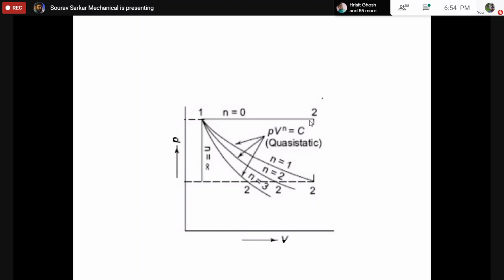It is just like curve fitting. You have some intermediate points and you are trying to fit the curve. Whenever you try to fit the curve, this n is basically the fitting or tuning parameter. Whatever tuning parameter gives the minimum error. From statistics you know what is called the least square method. So whatever the least square gives you, that will be the n value.